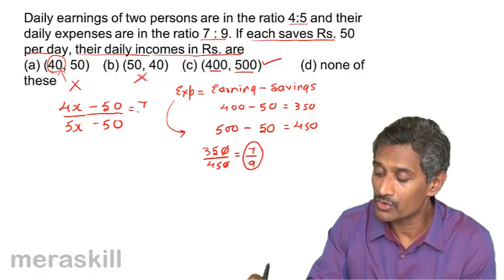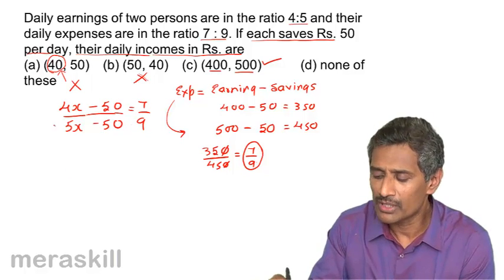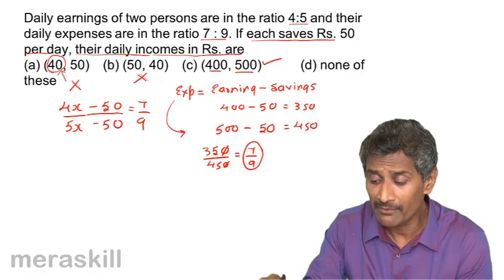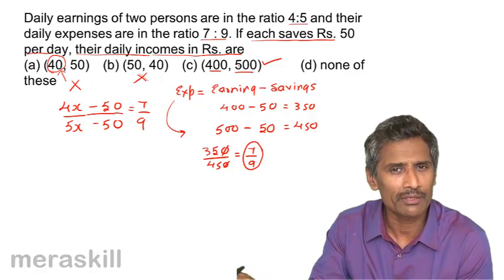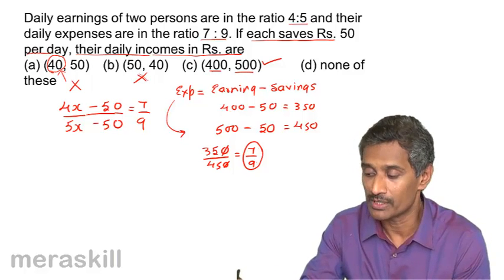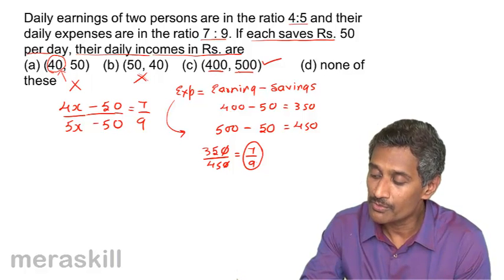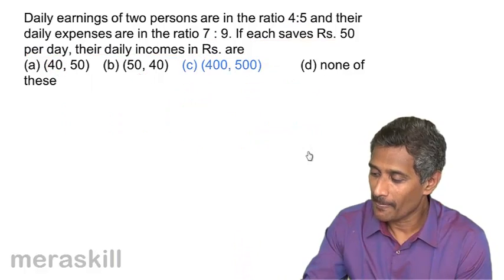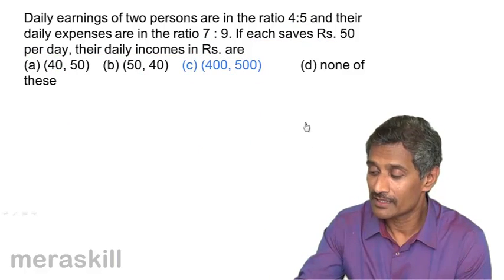And this turns out to be 7 by 9. So then you do cross multiplying and find the value of x. But we have also a logical method of doing by elimination. So in such cases, this could be faster to do it. So our correct answer is going to be 400 and 500. Right. Yes, and it seems to be right.